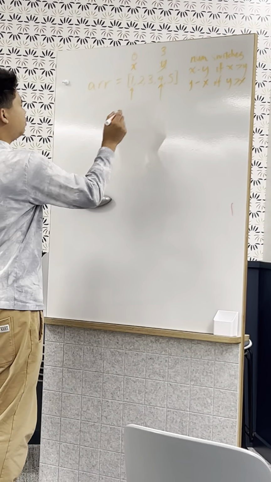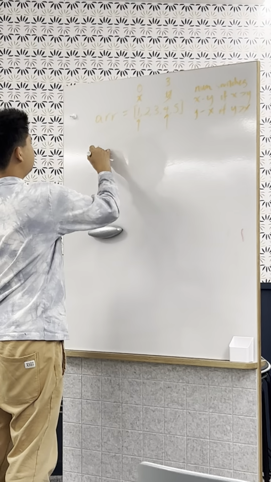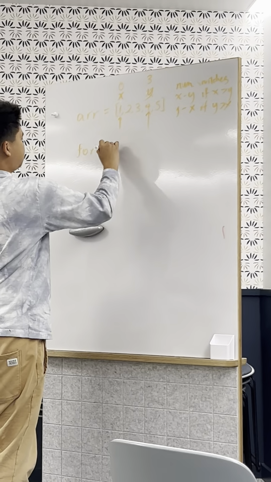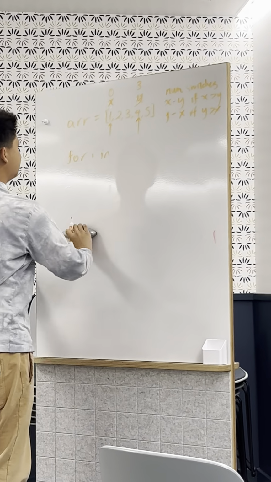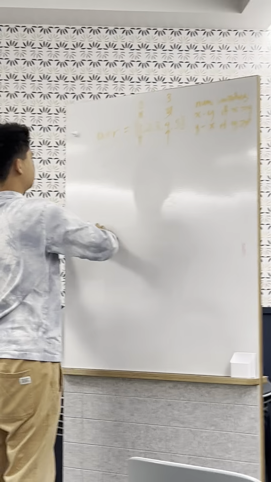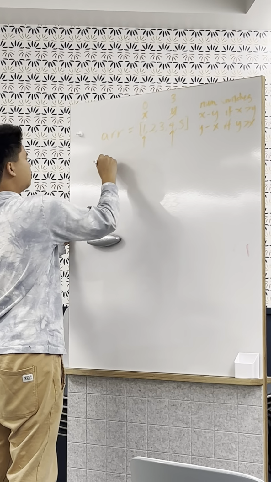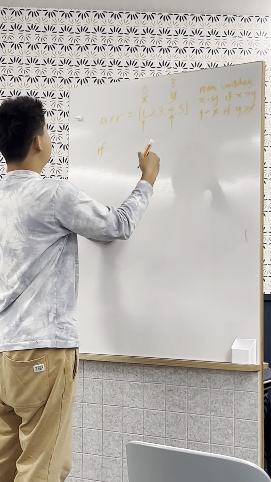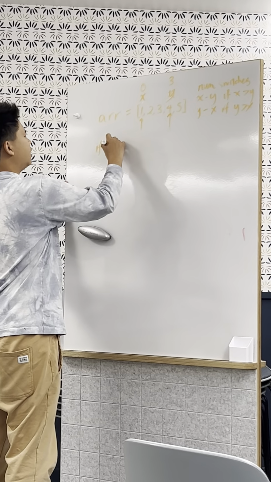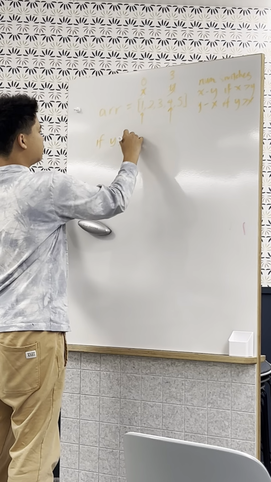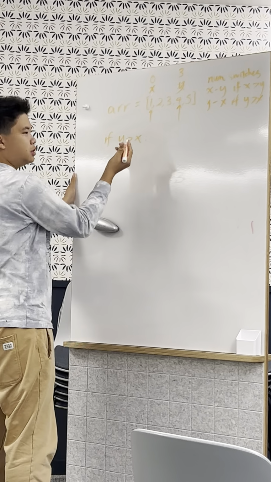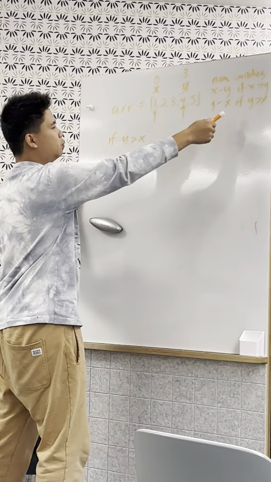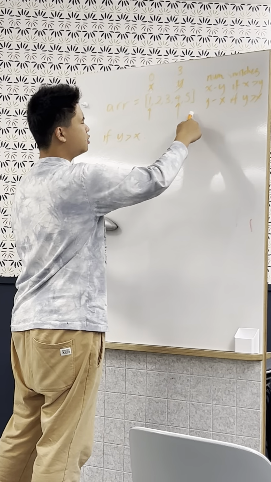So first of all, we're going to just implement the switching algorithm. Okay, so before that, we have to have the condition, so I put this. I wanted to check if y is greater than x or x is greater than y. So let's just say if y is greater than x, then you would start iterating through with this condition, right?